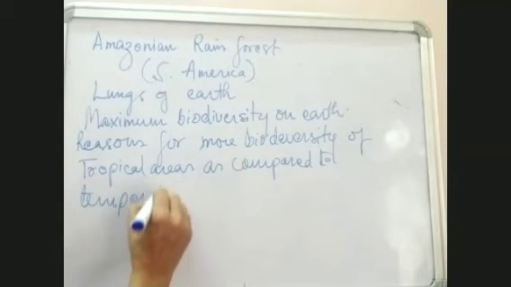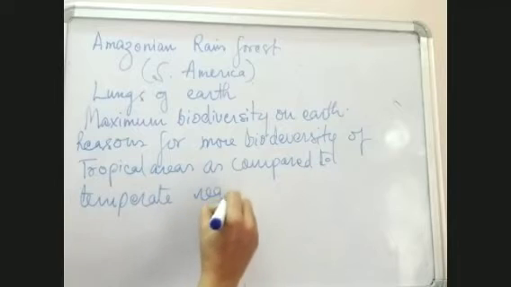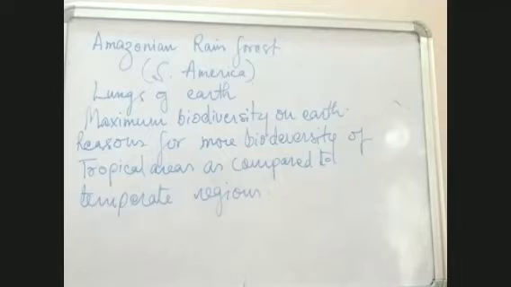As I told you, the tropical regions show more biodiversity as compared to the temperate region. Now, what can be the reasons for the tropical areas showing more rich biodiversity as compared to the temperate region?